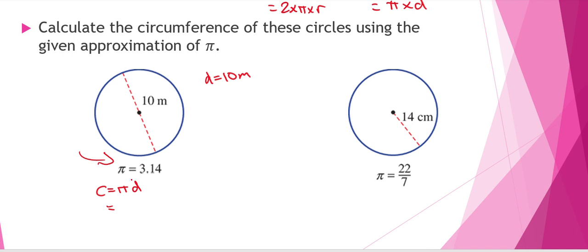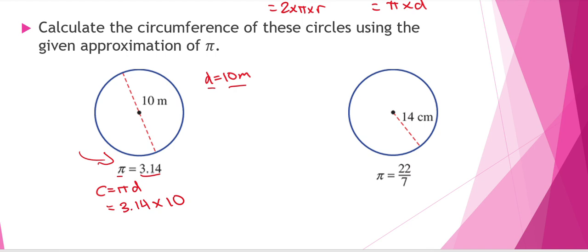So what I'm going to do is just substitute the values that I know into where the letters are. So I have 3.14 times 10. Now, if you remember from the start of the year, I taught you about multiplying by tens and hundreds and thousands and what happens to the decimal point.